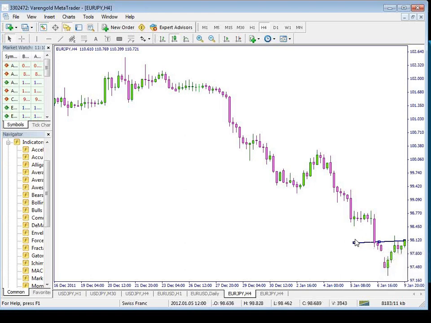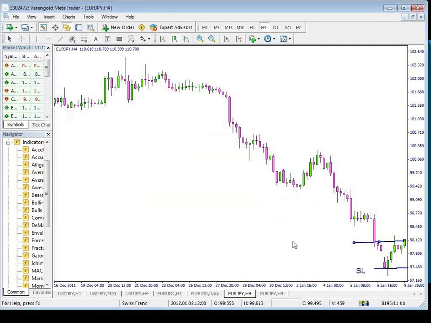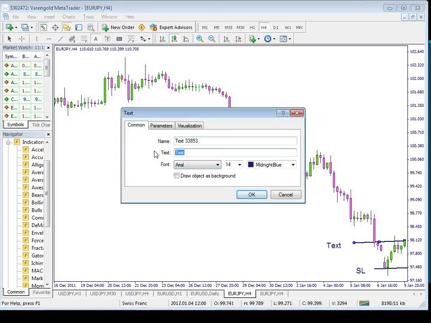At that level, I said that the stop loss should be around 97,440, somewhere there, the stop loss. So here was the entry. I will call it entry 1 because I have the second order in the market in that example.